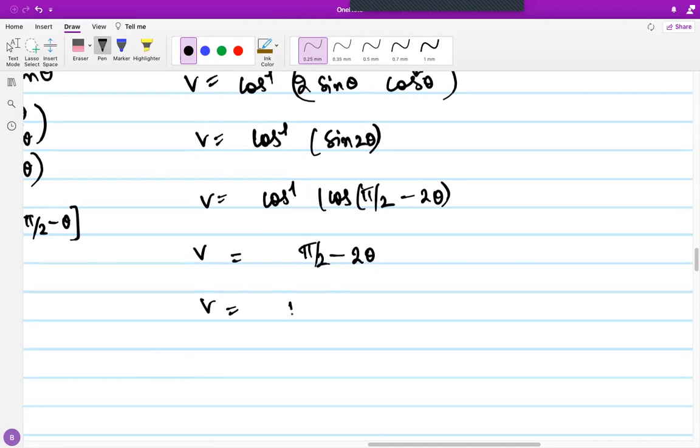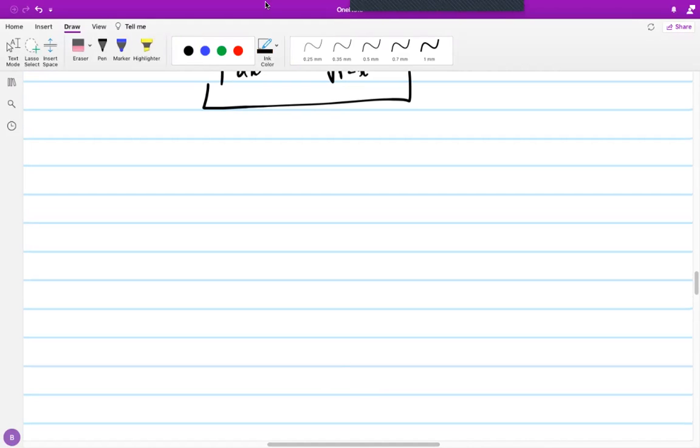Now I need to substitute what theta is. Theta is equal to, I substituted sine, right? So sine inverse of x, so 2 sine inverse x. So differentiate dv with respect to dx: 0 minus 2 divided by square root of 1 minus x square. So now what we have to do, in order to find dy by dx, right?